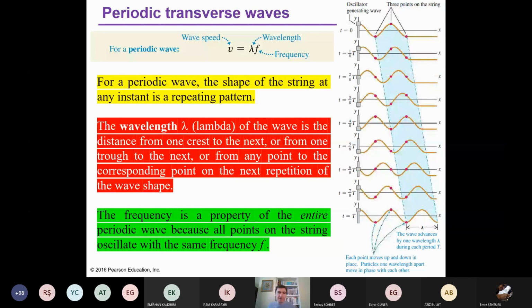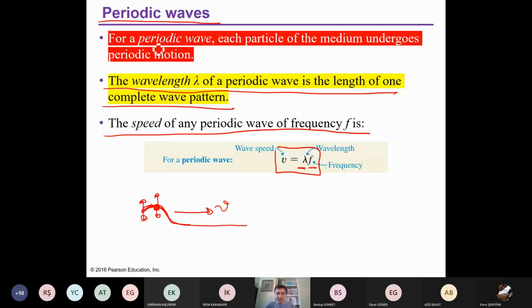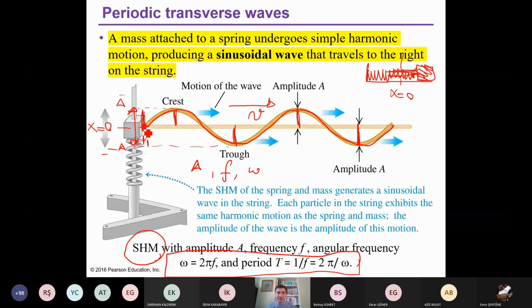Okay, let me show you here the wavelength. Here we have discussed the wavelength of a periodic wave. And here we have a relation between wave speed and wavelength. So what is wavelength? Here I would like to show you. This is the position of this particle on the left side.